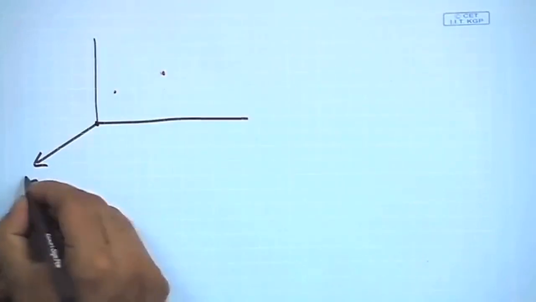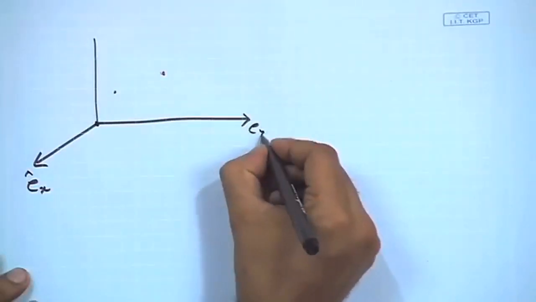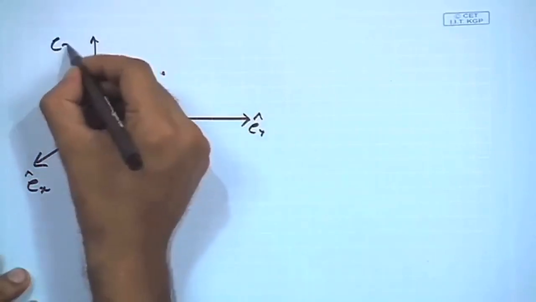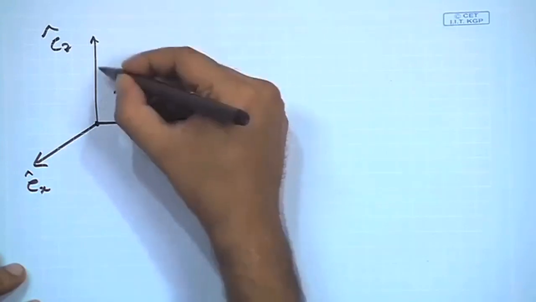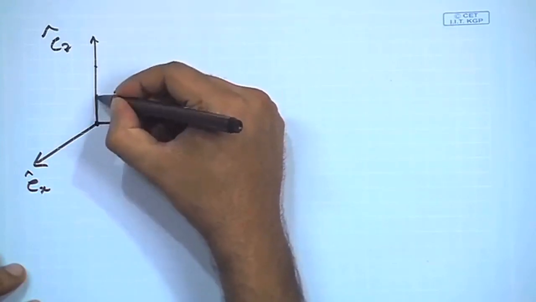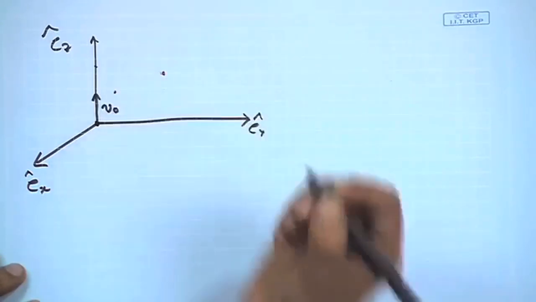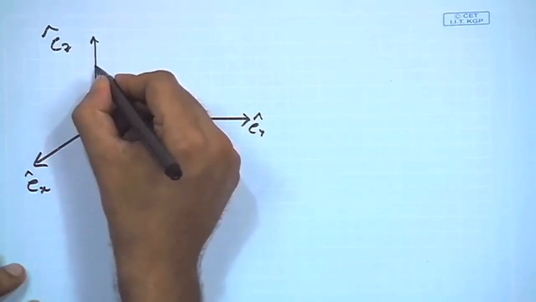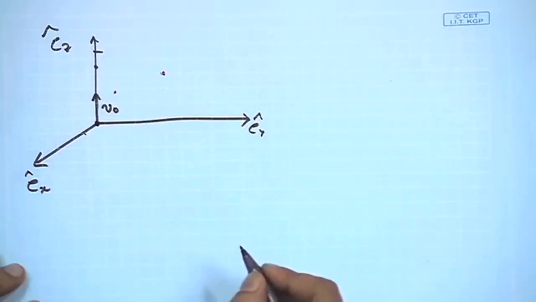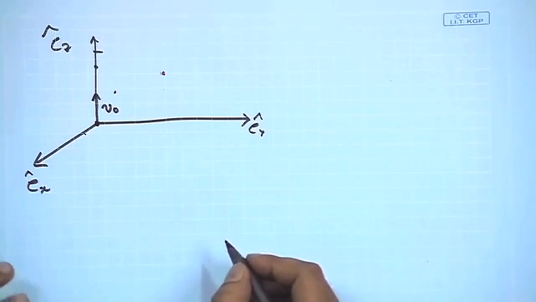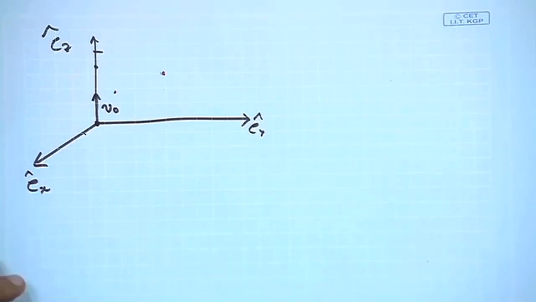So, we have E x cap, E y cap and E z cap. Okay. So, the particle of interest starts from this point with the initial velocity v0 in the vertical direction, and then reaches a maximum height, and then it comes back here, right. So, once again we have to write the equation of motion.